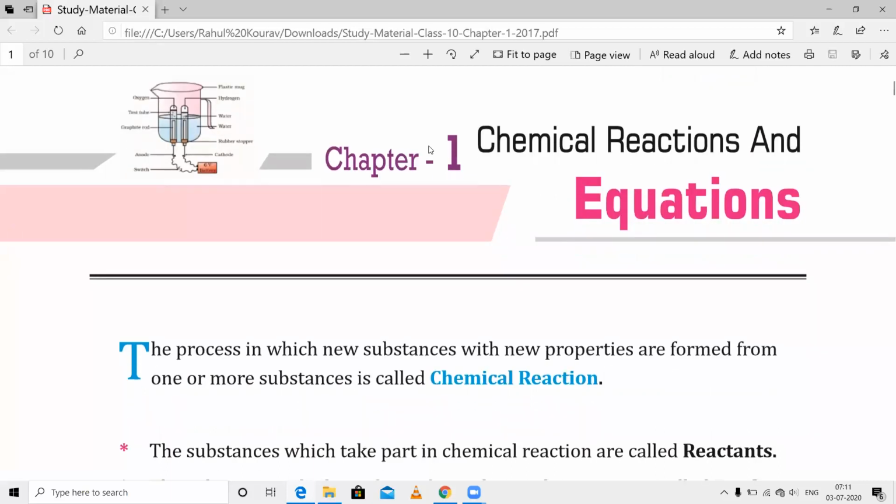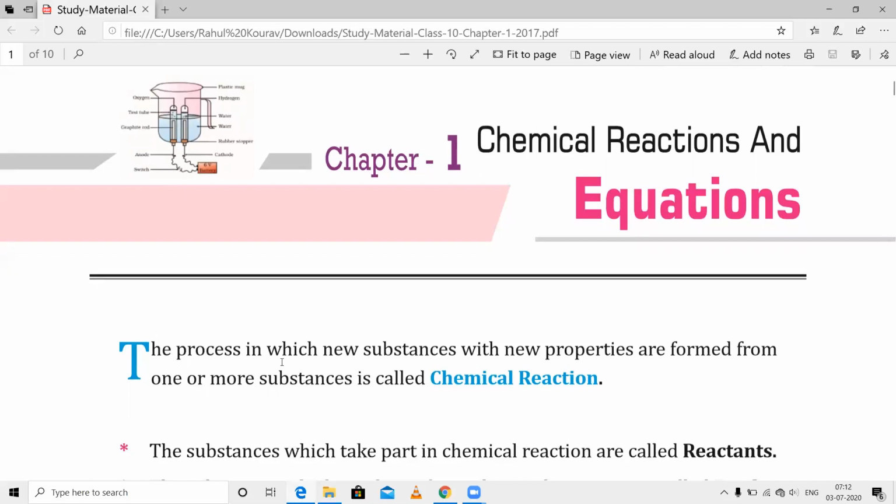Let's see the process from here, this is the definition of chemical reaction. You can also write it in your fair copy. The process in which new substances with new properties are formed. As I told you, when milk becomes curd, this is a kind of chemical reaction, because the properties of milk and the properties of curd are totally different from each other.